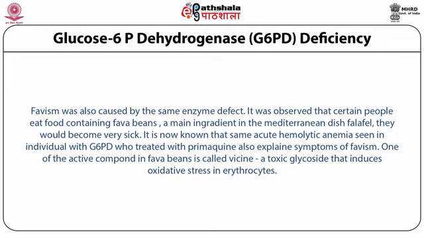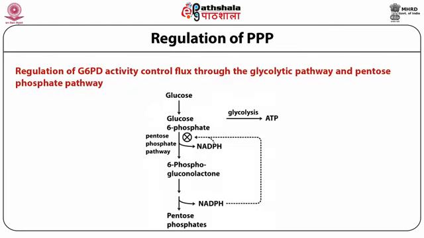It is now known that the same acute hemolytic anemia seen in individuals with G6PD deficiency who are treated with primaquine also explains the symptoms of favism. One of the active compounds in fava beans is called vicine, a toxic glycoside that induces oxidative stress in erythrocytes. The following figure shows the regulation of the PPP.